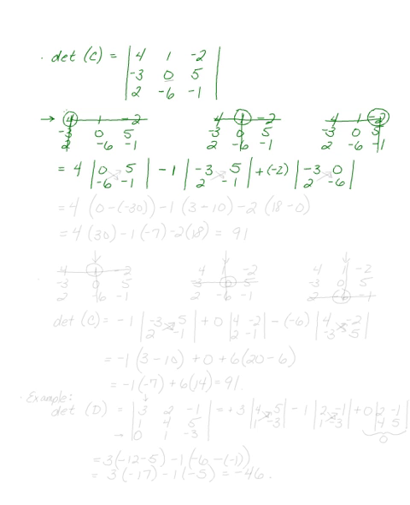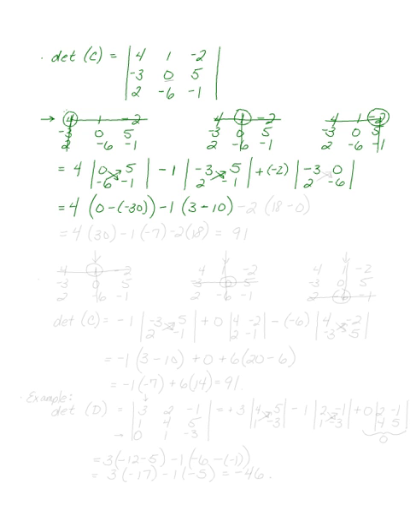Now, at this point, we just need to find the determinants of these smaller matrices. So we're going to get 4 times the determinant of the smaller matrix: 0 times negative 1, which is 0, minus negative 6 times 5, which is negative 30. We'll have a minus 1 times the determinant of the smaller matrix: negative 3 times negative 1 is 3, minus 2 times 5, which is 10.